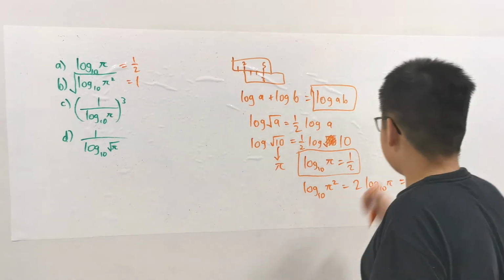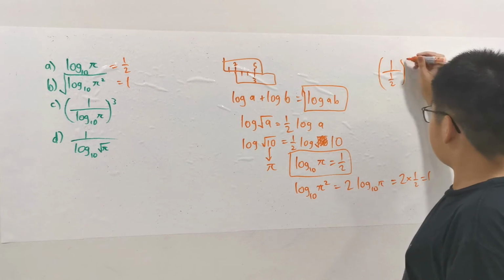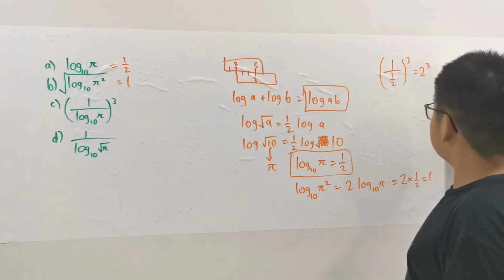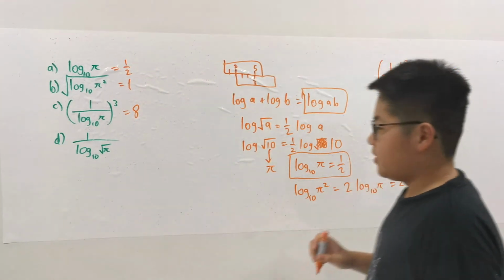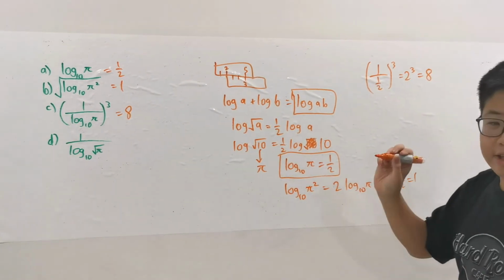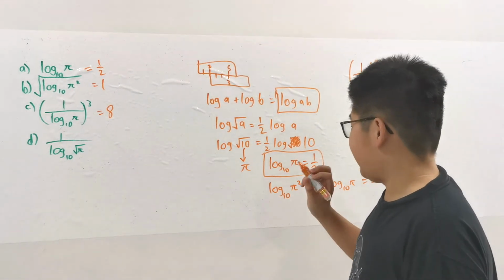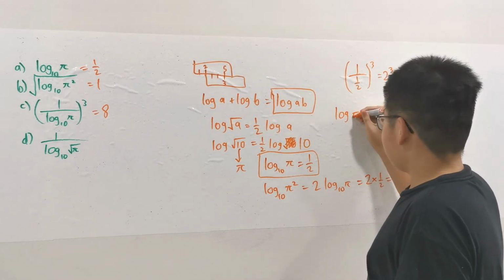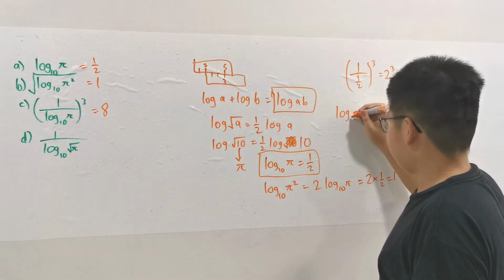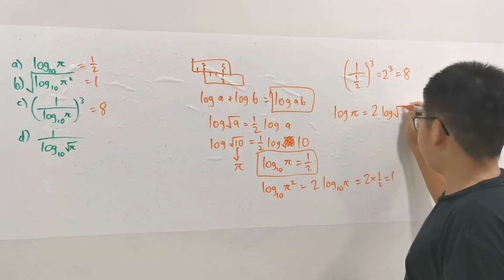Even with these approximations, we can find question C. Now part C. So we need 1 over half cubed, which equals 2 cubed, which equals 8. So this is approximately equal to 8. Now, what is log base 10 of the square root of pi? Remember we've seen this here? Log of the square root of 10 is half log 10. Now, this is true for anything. Log pi equals 2 log the square root of pi.